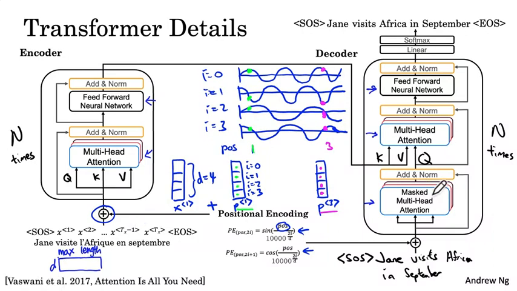In other words, all that masked multi-head attention does is it repeatedly pretends that the network had perfectly translated, say, the first few words, and hides the remaining words to see if, given a perfect first part of the translation, the neural network can predict the next word in the sequence accurately.